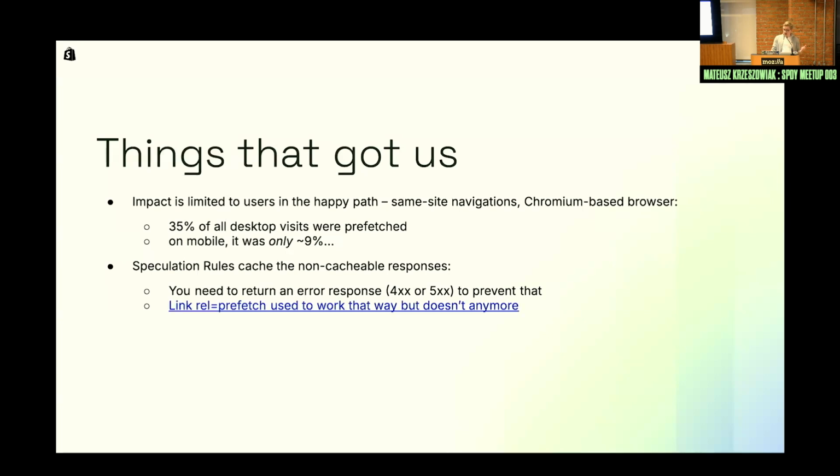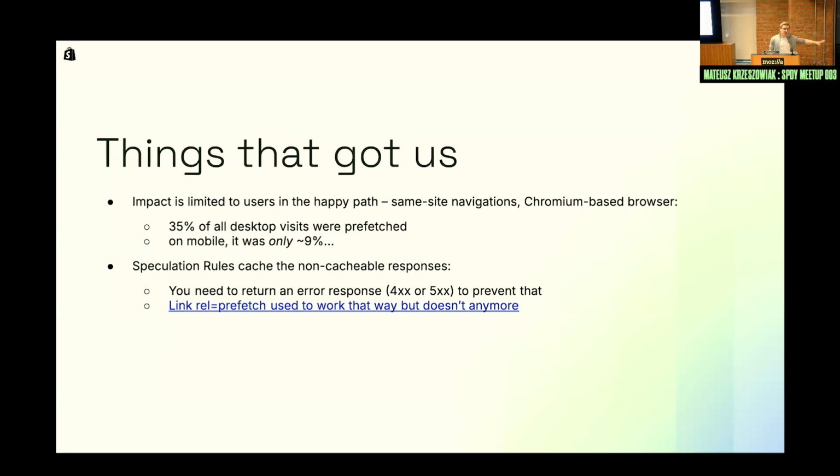And the second thing is that everything that you remembered with link rel prefetch, and I don't know if you're familiar with solutions like instant.page, works the completely opposite way right now. Previously link rel prefetch used to ignore the cache headers. Now it doesn't, but speculation rules do.